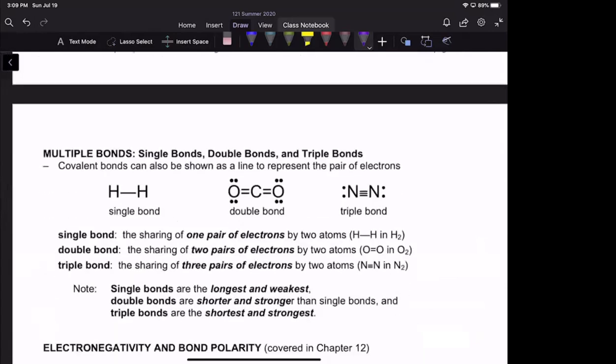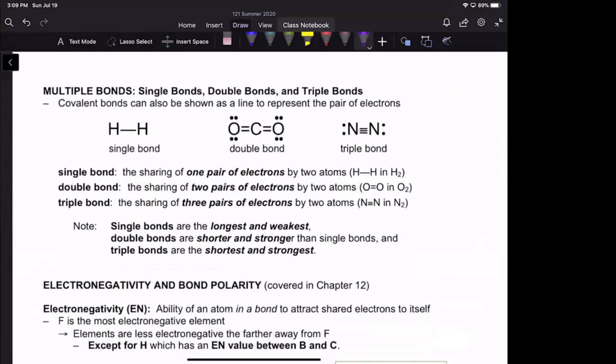We can also see double bonds and triple bonds, and those are represented, again, each line is 2 electrons. So in the double bond right here, we're actually looking at 4 electrons between that carbon and oxygen. So that is a shorter, stronger interaction.